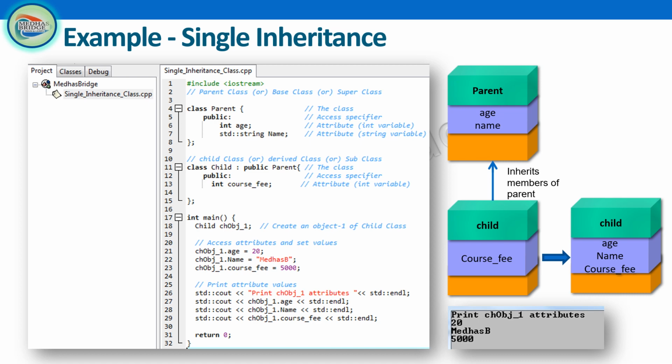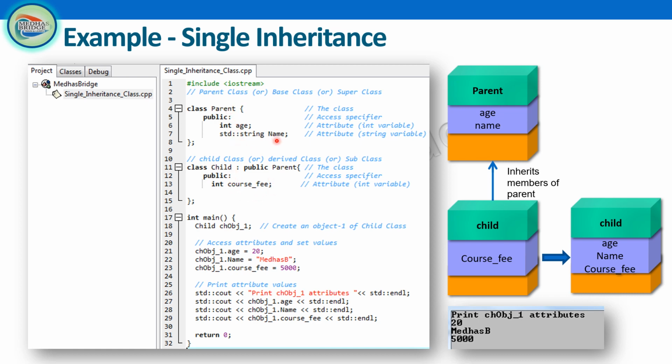Let's take a look at this example, which explains the concept of single inheritance programmatically. Here we have a parent class and we have a child class. The child class inherited from the parent class. In the child class, we have one attribute.